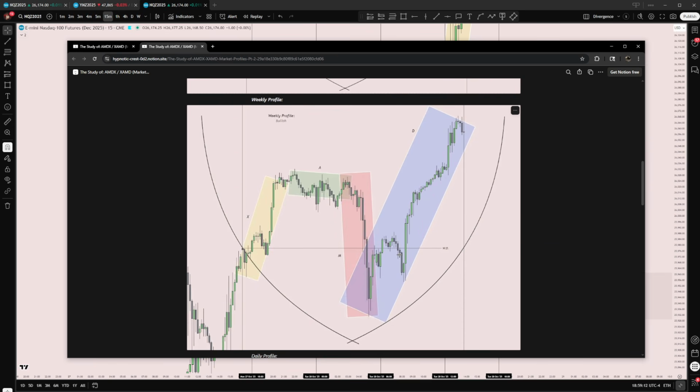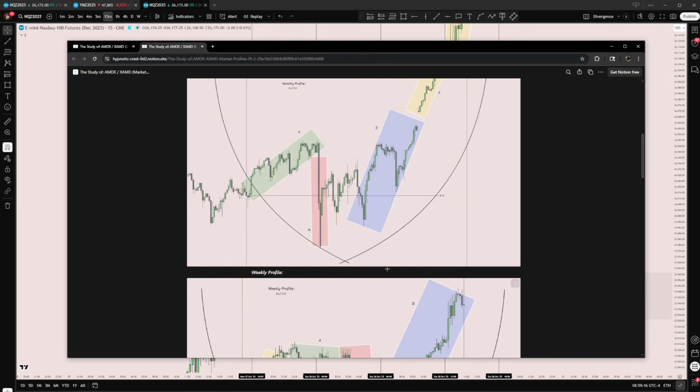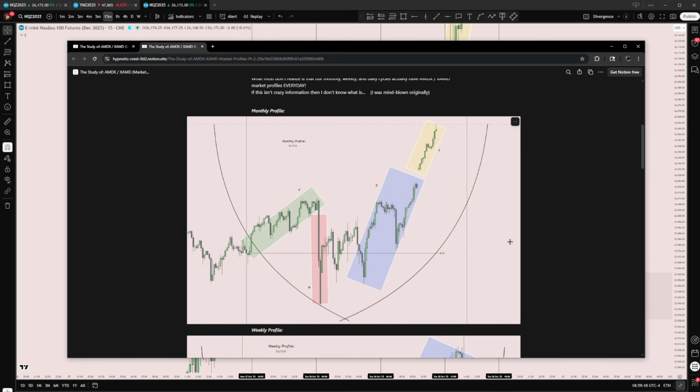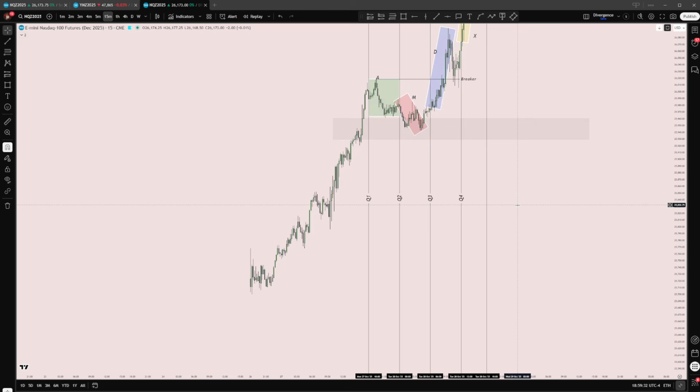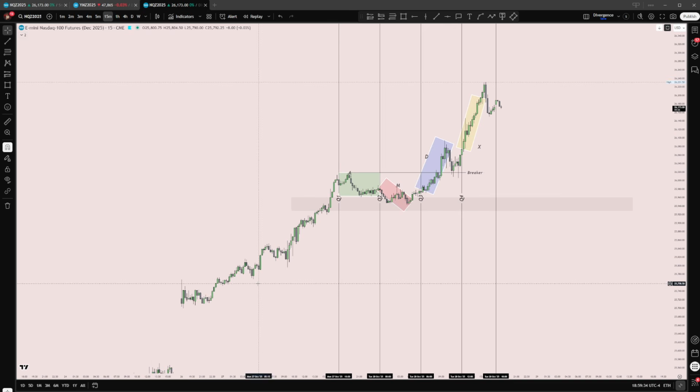Come down into the week. This is not this week, but coming down into this week right now, if our bias is bullish, the weekly profile is going to be bullish. Now, what has price done so far? Pumps. All it has done is pump. Breaking down right now, what has the week done?